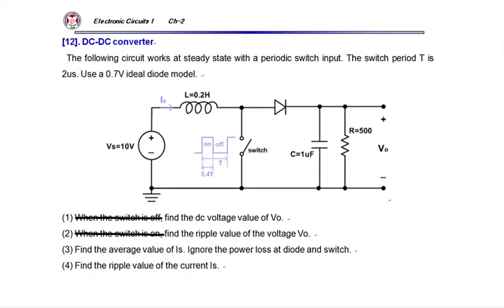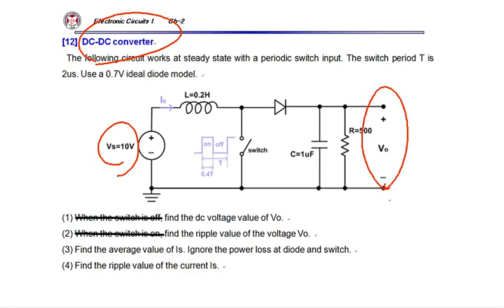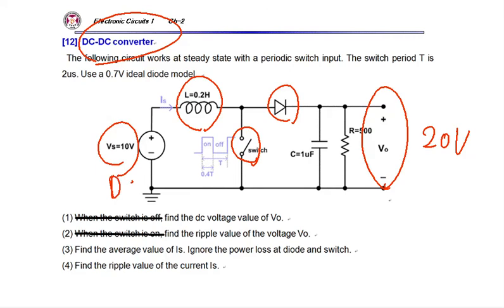Another is the DC-DC converter. There is a 10 volt DC, and then I have a 20 volt DC there. If I use an L switch and maybe some diode, I can convert DC1 to DC2 very efficiently, because the inductor does not dissipate energy.